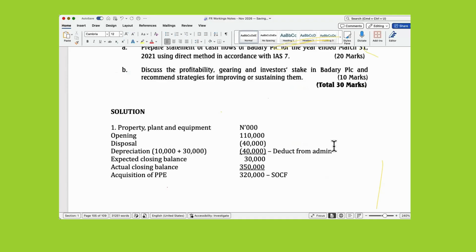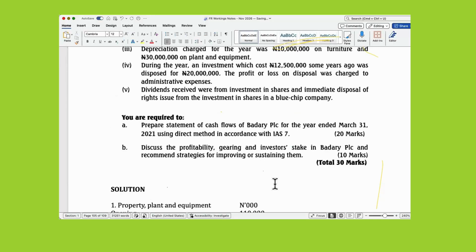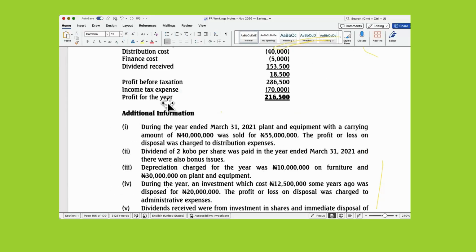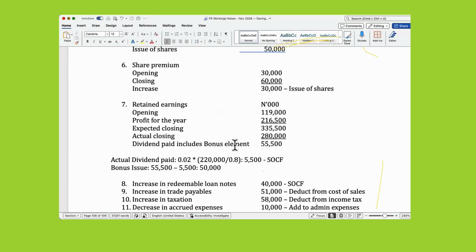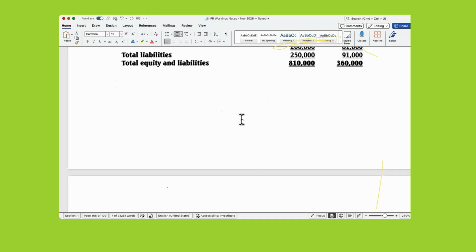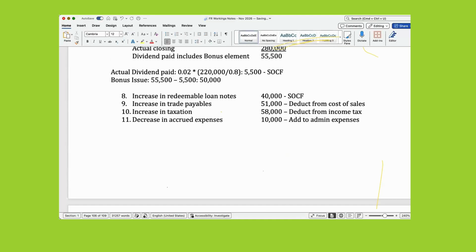So I've dealt with all of this. Then I'm sure there will be this loan, redeemable loan notes, which of course will be the next item. That's loan notes. It is an inflow.